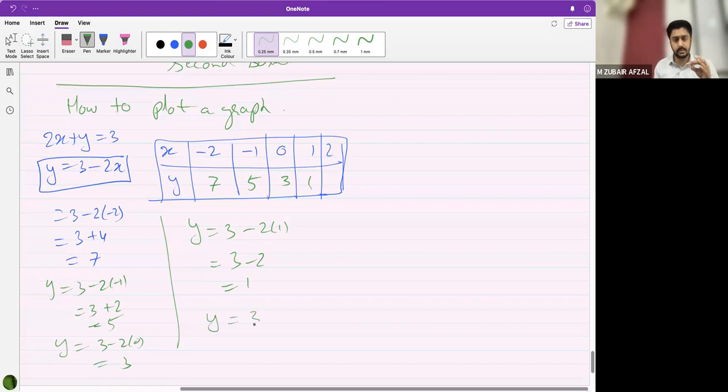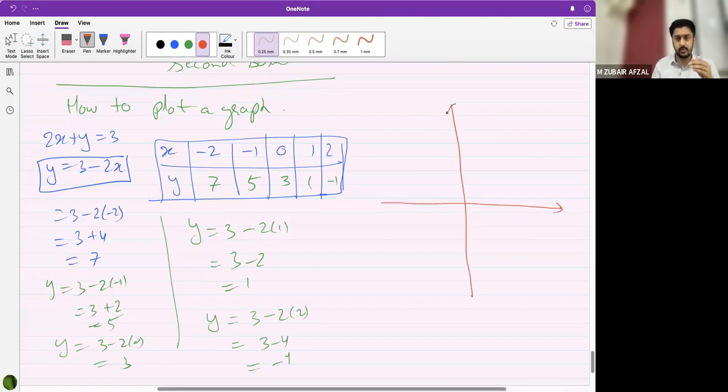When x is 2, y is -1. So I have a few values. Now, on the same graph, I will mark these values: at x -2, y 7; then x -1, y 5; x 0, y 3.